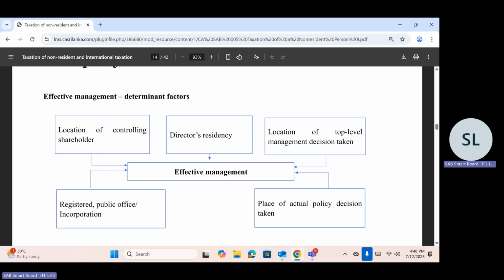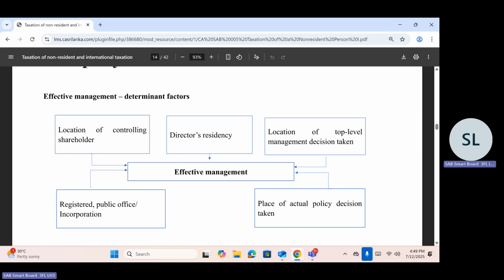By considering those factors, we can sort out where the business is really happening, where the effective management is happening. In such a case, if it is happening in Sri Lanka, yes, it is a resident company for Sri Lanka tax. It could be incorporated outside Sri Lanka, with a registered office somewhere else, but if effective management is in Sri Lanka, as per the law you can determine it is a resident company for Sri Lanka.